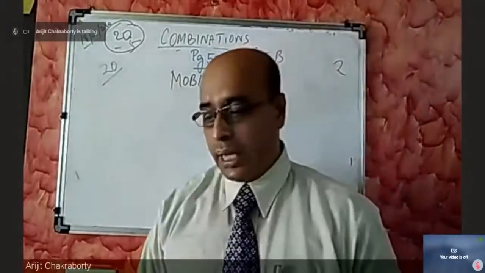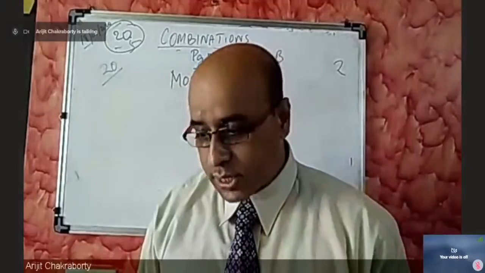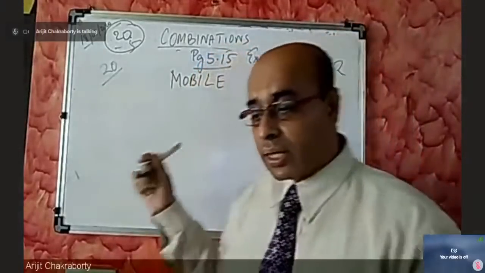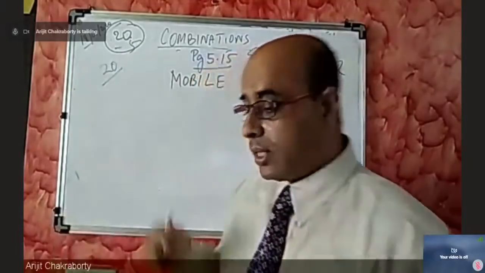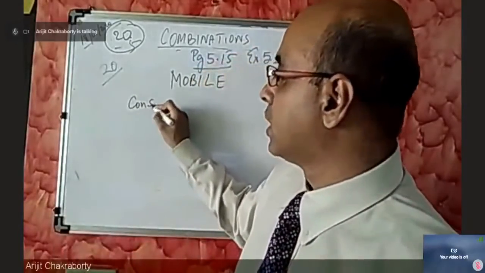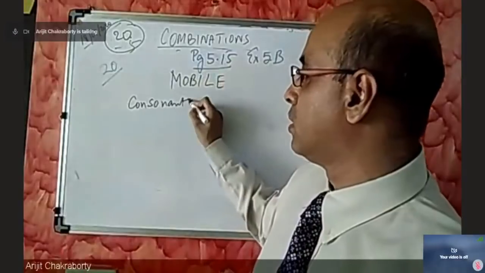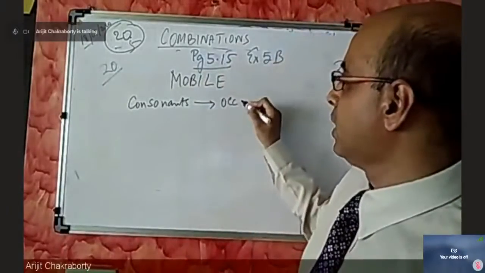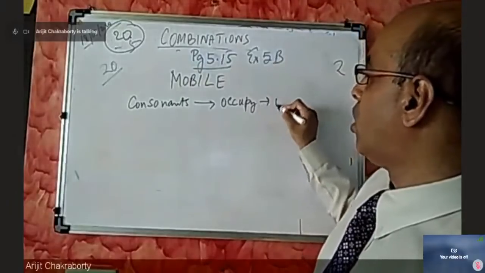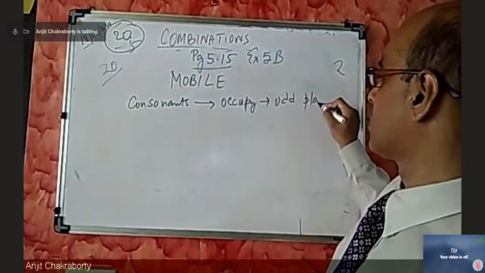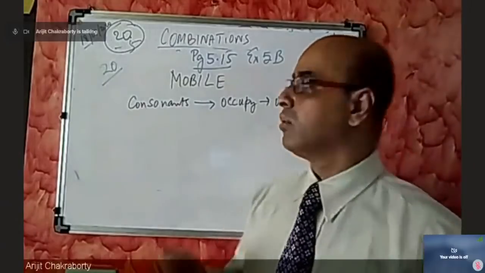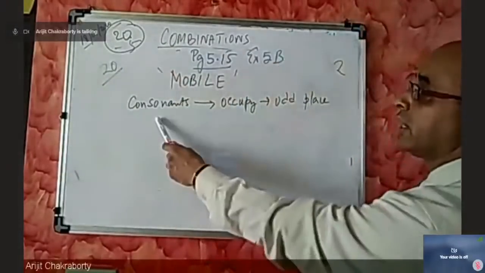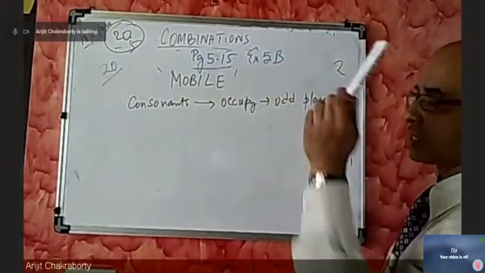The question is, in how many ways can the letters of the word mobile be arranged so that the consonants occupy the odd places? How many ways can you arrange the letters of the word mobile where the consonants will occupy the odd places?